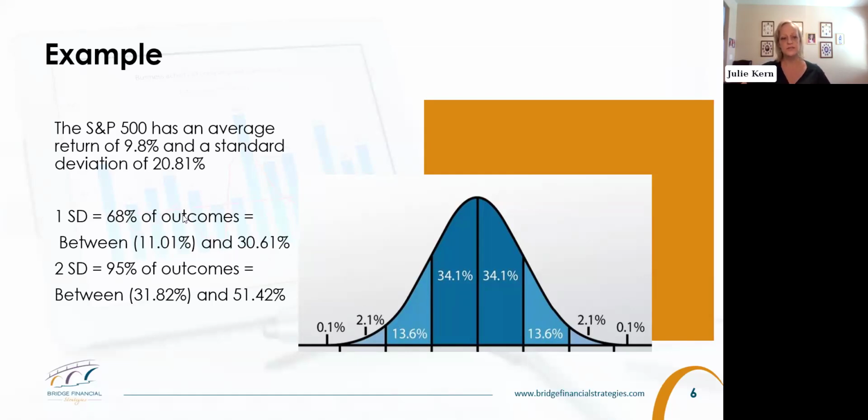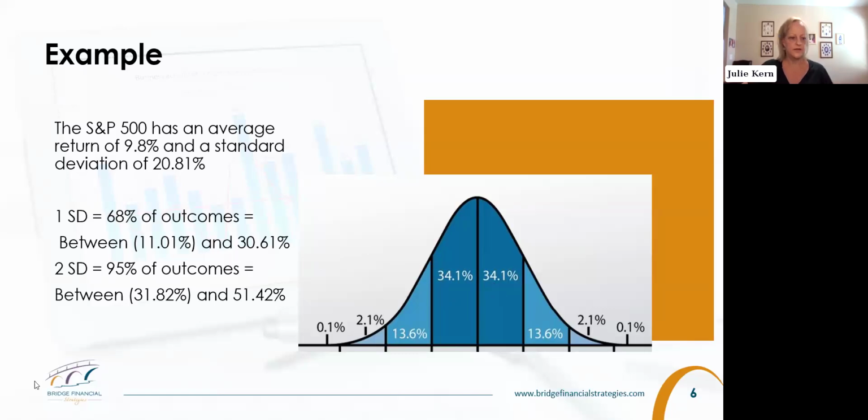So what that tells you is 20.81 is pretty volatile. The S&P 500 obviously is 500 stocks, but it's pretty volatile in terms of how wide the range of returns could possibly be.